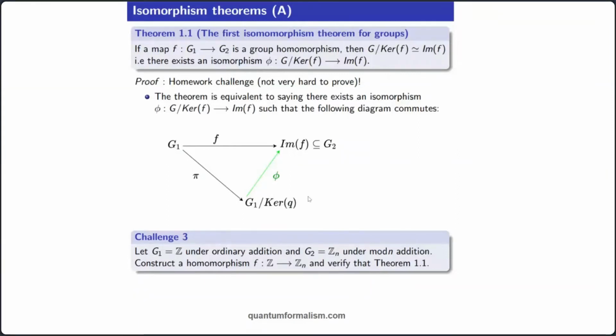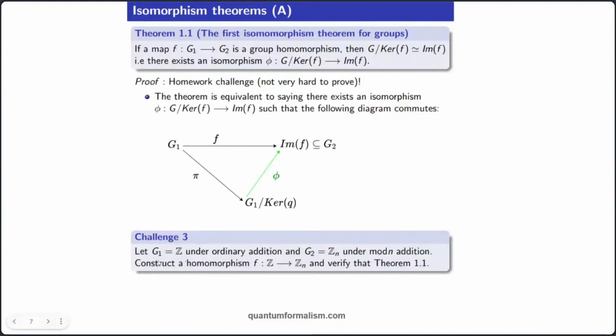Yeah. So this is the first isomorphism theorem. I have a challenge here, giving you concrete groups. In this case, the group of integers under ordinary addition, and the second group is the group Zn, mod n addition.